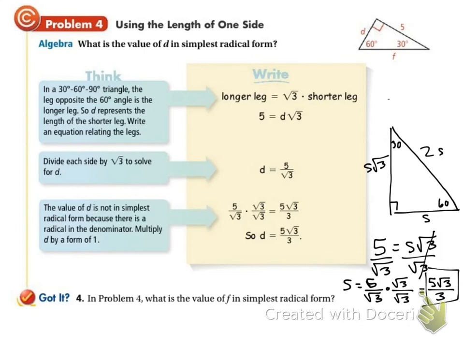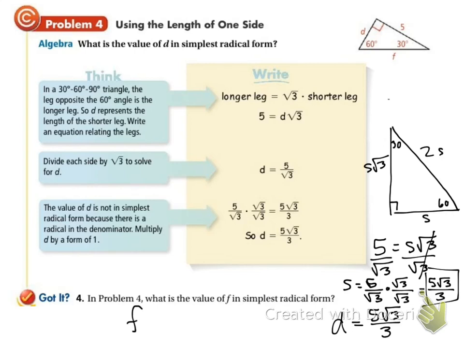And so if I look at D, he's between the 90 and the 60. So he matches up with the s that's between the 90 and the 60. Okay, so I get that D is equal to s. So since I just solved for s down here, that means that D is equal to 5 square root of 3 over 3. And then our last side is the only one that's left, or it's in between the 60 and the 30, right? So F matches up with that 2s.